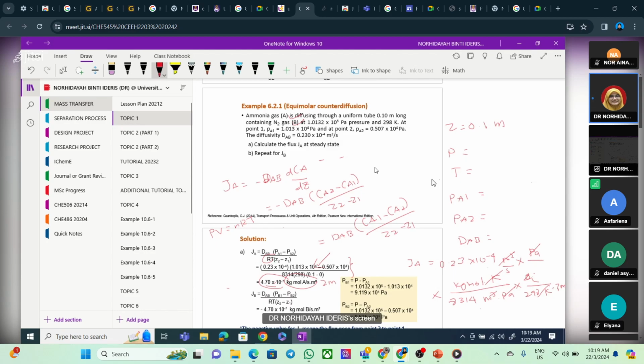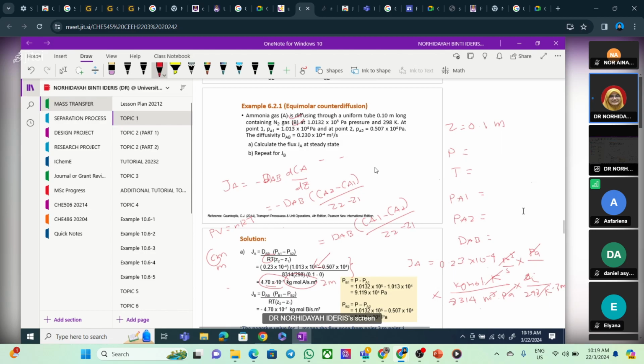In this case, it's quite straightforward because the unit of the pressure is similar, and the unit of the length is given in meter. Sometimes students make a mistake by confusing the unit of cm and meter. Of course, when the unit is cm, you need to multiply it by 10 to the power of negative 2.